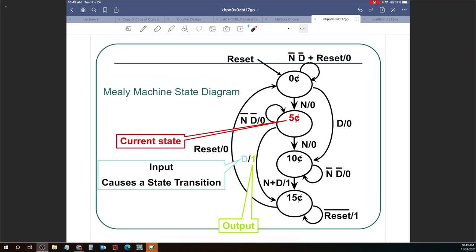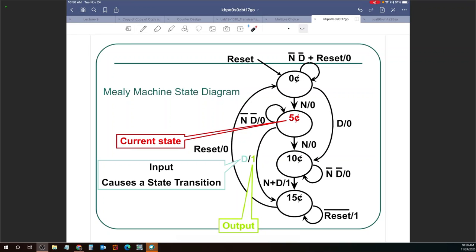So from 0 cents, you get a nickel, you go to 5, but your output is 0 at that time. As soon as you enter the input, as soon as you insert your nickel, the output became 0 right away. It did not wait for you to reach 5 cents. So for a Mealy machine, there is a change in how we draw the state diagram.